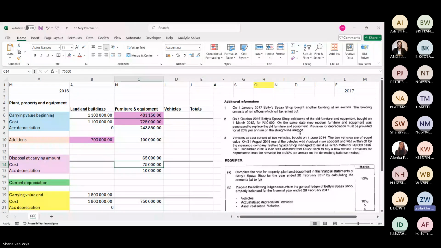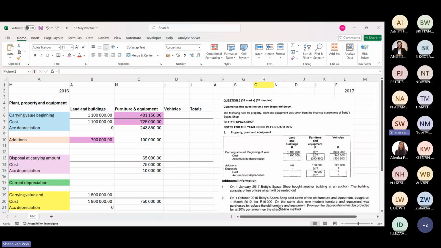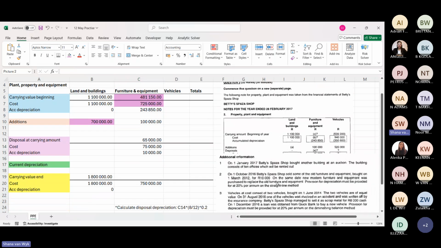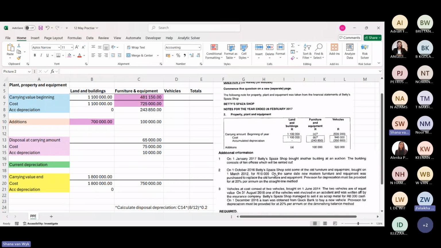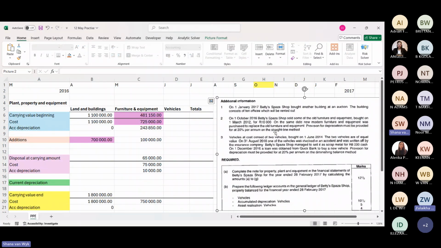Is it not maybe the modern furniture that was bought for 10,000? No. This is confusing me, because now additions is 100,000. They gave us that 75,000. Exactly. So what does it mean? It means that the cost of the asset that we disposed of was 75,000.